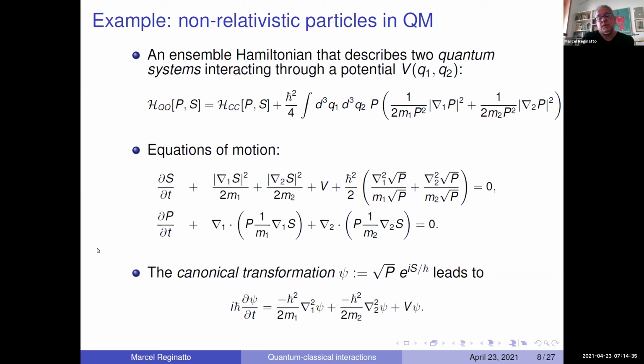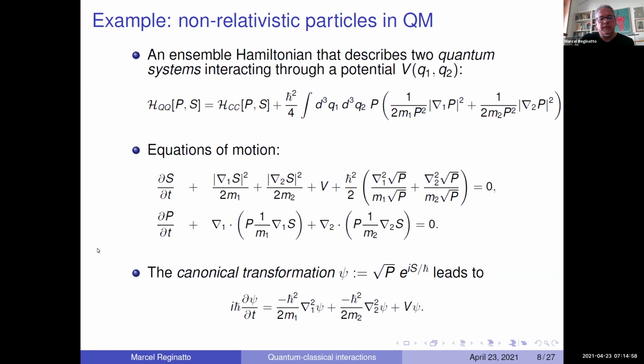Originally, this was developed not to look at hybrid theories, but to look at some issues that have to do with Fisher information theory, and deriving quantum mechanics in a new way. But at a later point, Michael Hall recognized that it could be used for these hybrid theories.